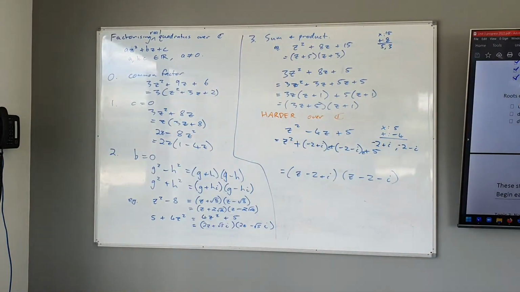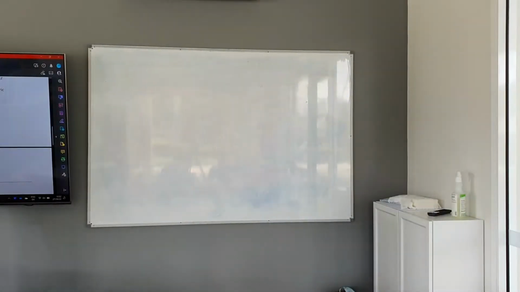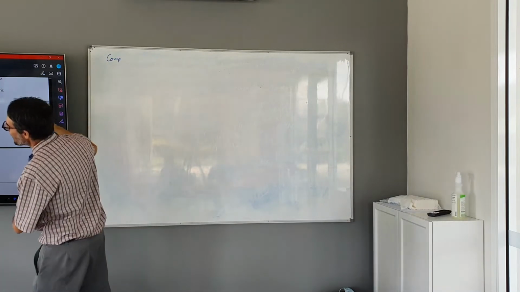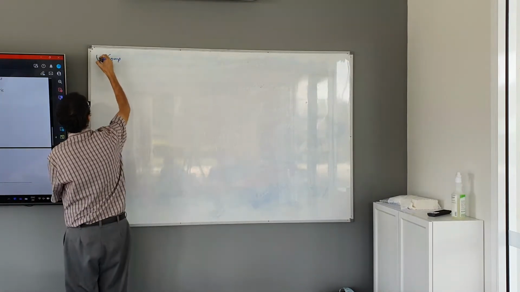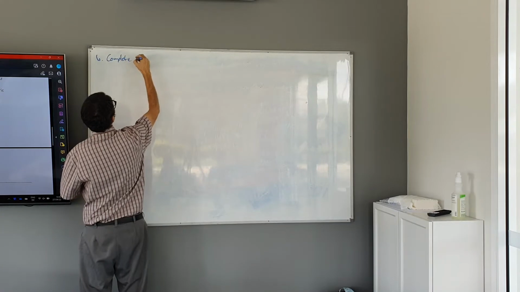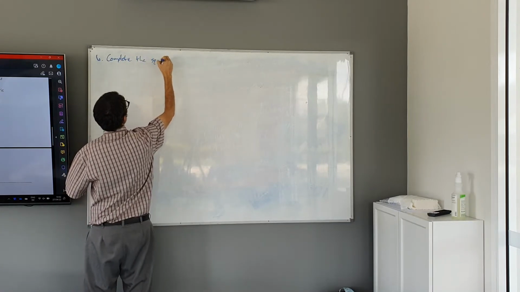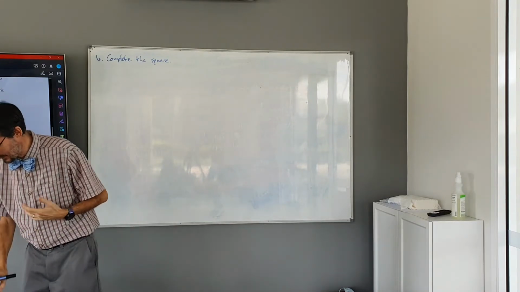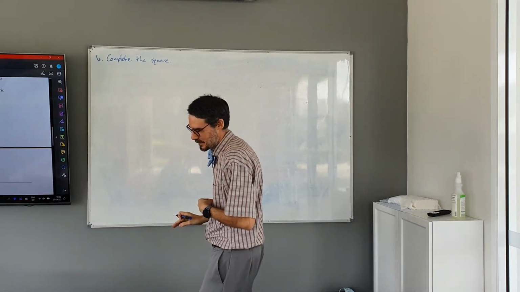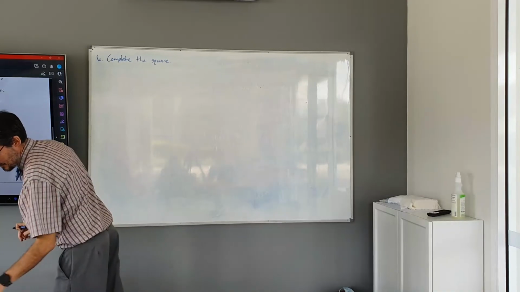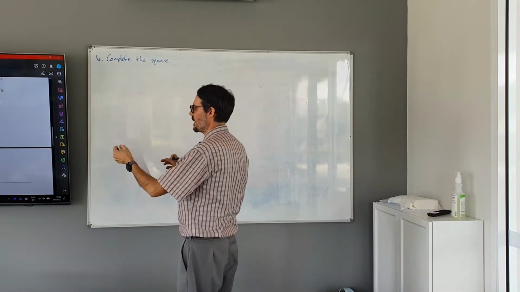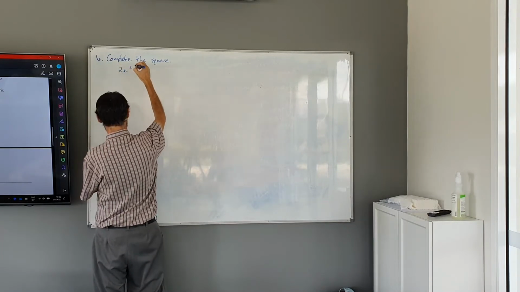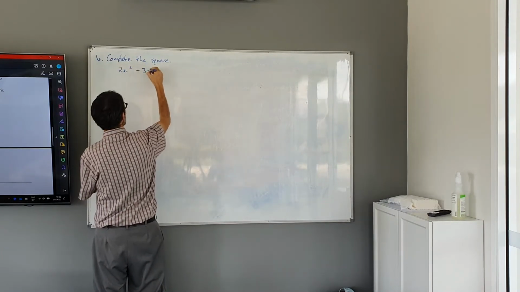So let's do some complete the square. This was number 3, no, that was 3, this is 4. Complete the square. Now, let's see if I can show you the same method you once learned for this. 2x squared minus 3x plus 1.